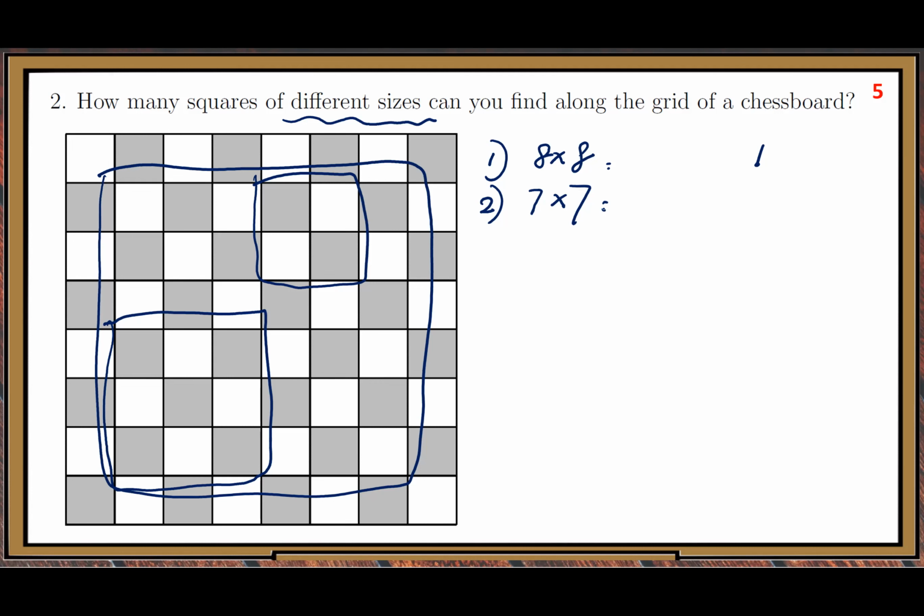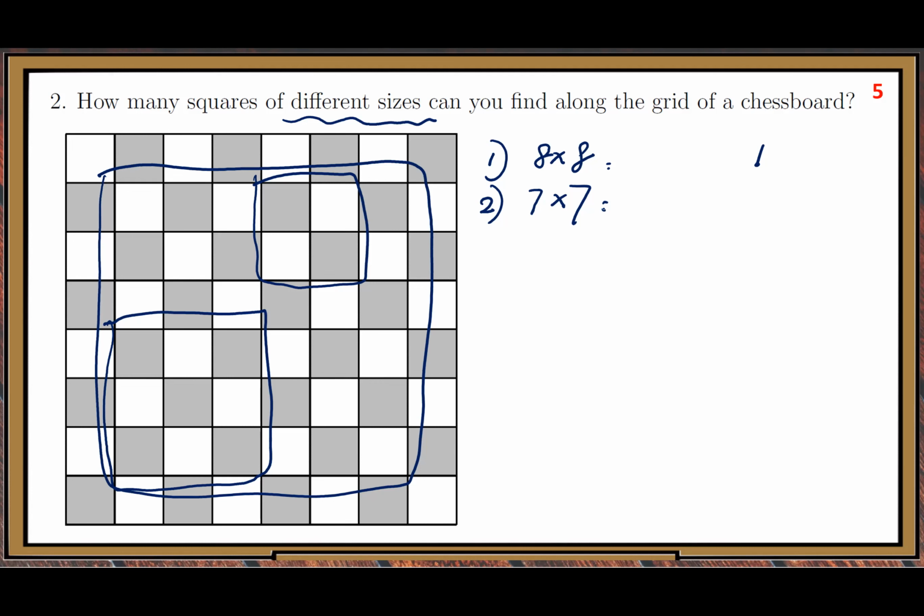Overlapping allowed. So the only thing we care about is that it's a square. So overlapping squares, that's fine. No problem. 7 by 7, 4.